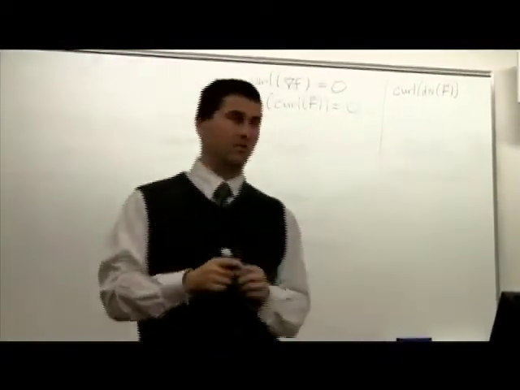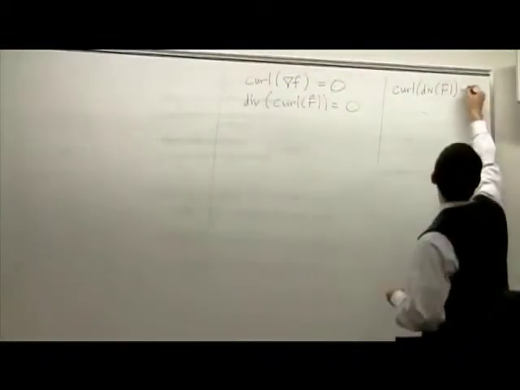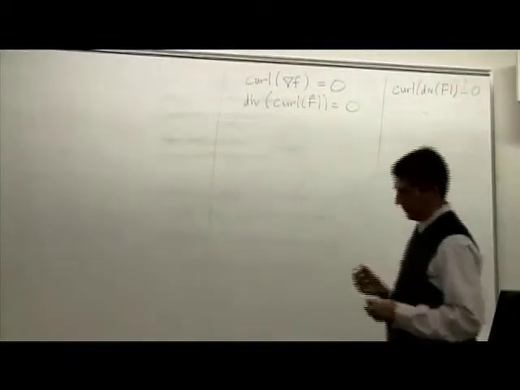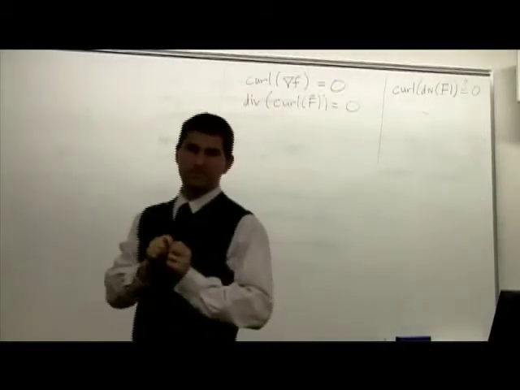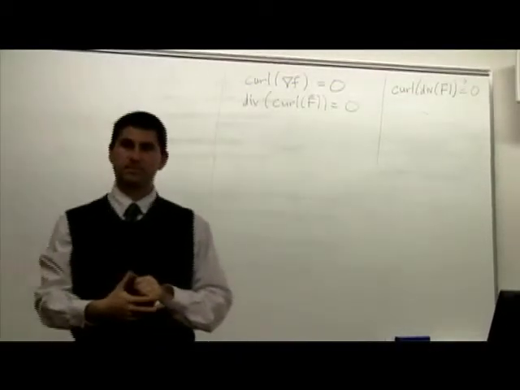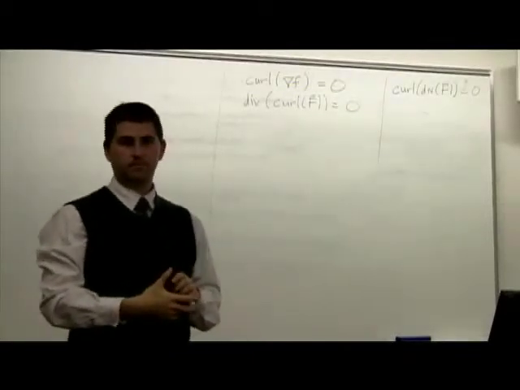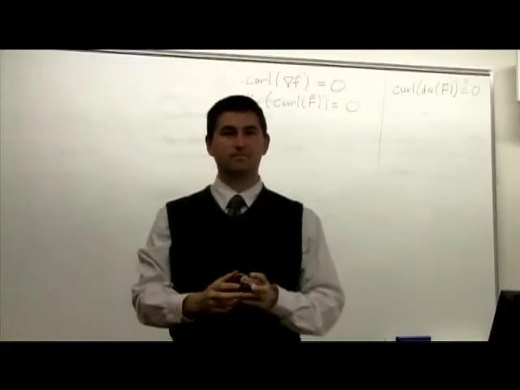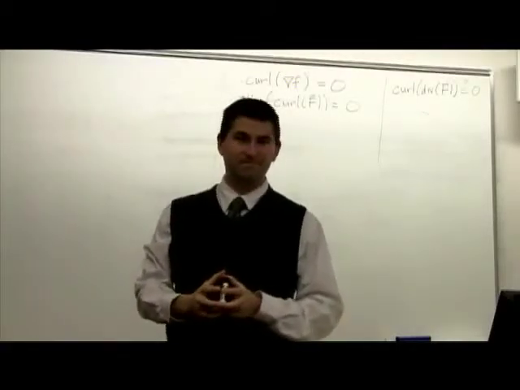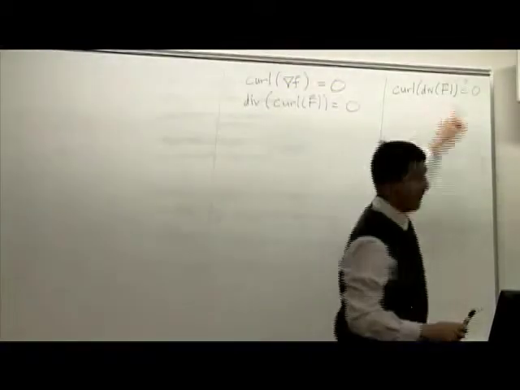Why, if I asked you this question, is it a trick question? Wouldn't it be a vector? The divergence is a scalar function. The curl eats vector fields, not scalar functions. So this doesn't make any sense.